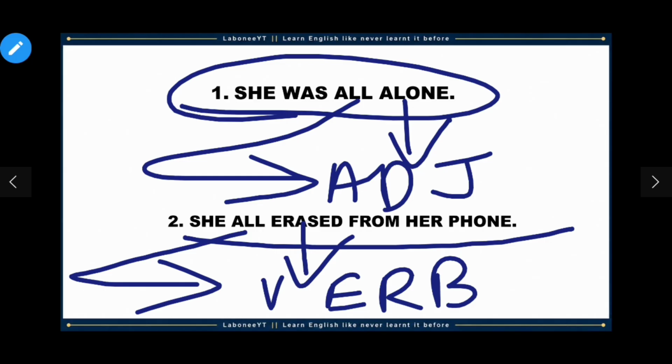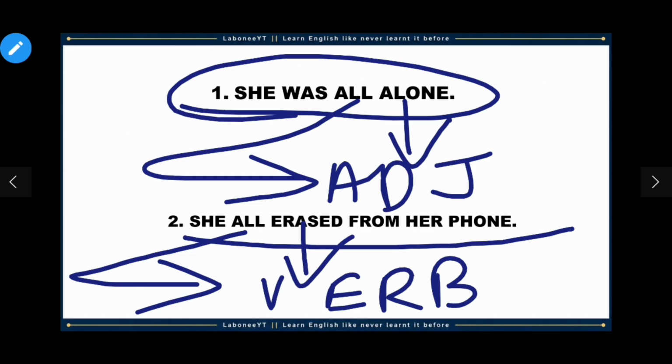So this usage of "all" in a sentence as an adverb gives us an idea that "all" is used sometimes, not all the time, because sometimes we can write it as a determiner or pronoun, but sometimes in a sentence we can use it as an adverb to modify or intensify any verb in a sentence. Like this example, she all erased from her phone. "All erased" intensifies this verb or modifies it. She all erased from her phone.